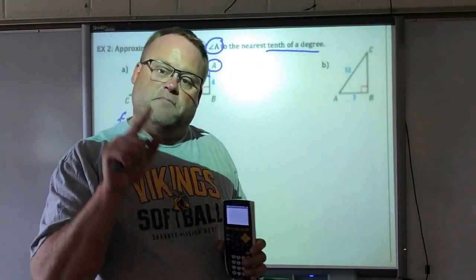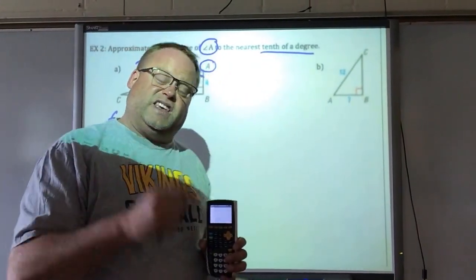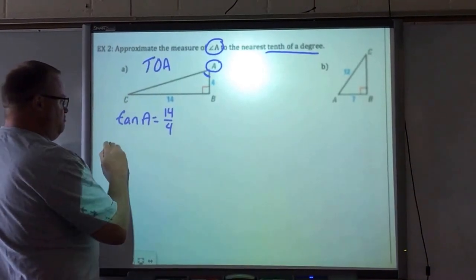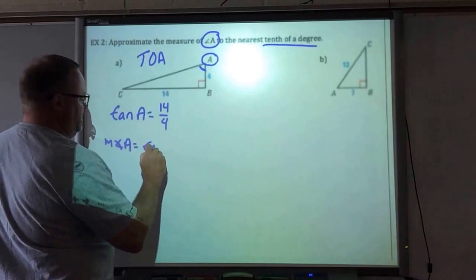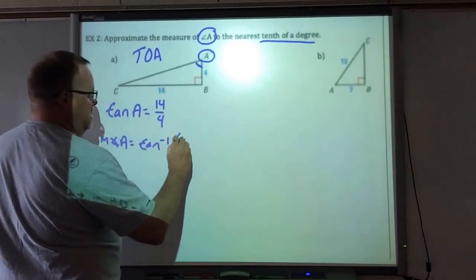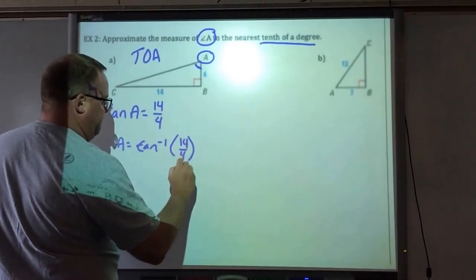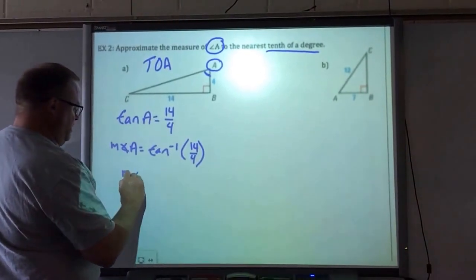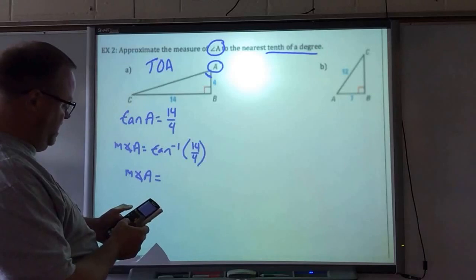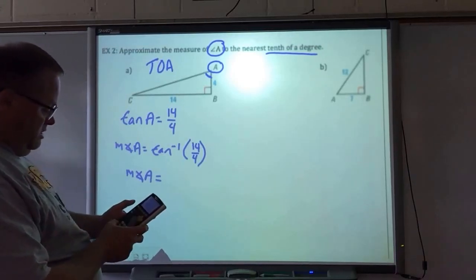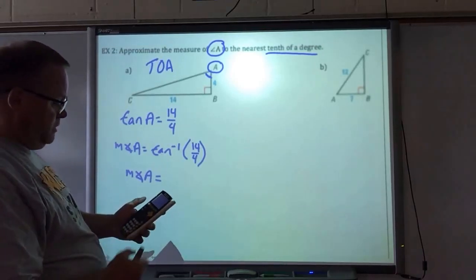But I want to find the measure of that angle, so I want to take the inverse of this. So the measure of angle A is going to be the inverse of tangent of 14 divided by 4. So the measure of angle A is going to be equal to second tangent 14 divided by 4.